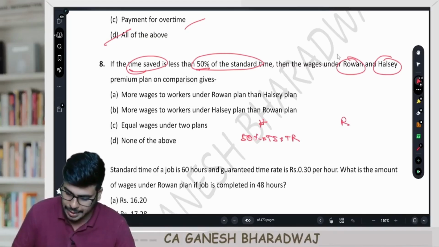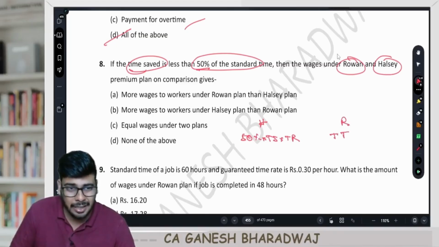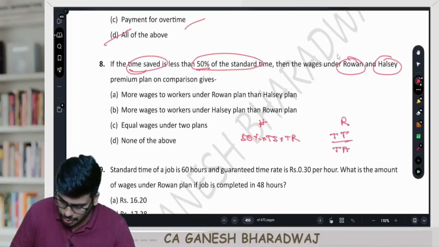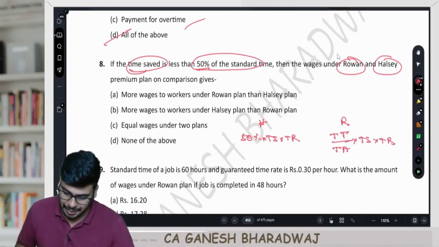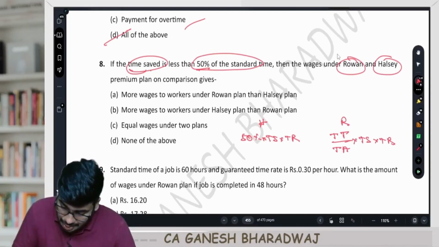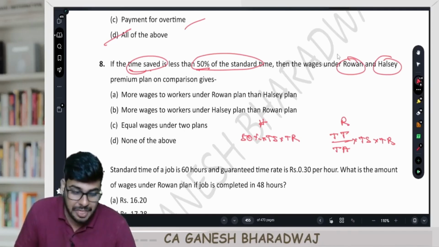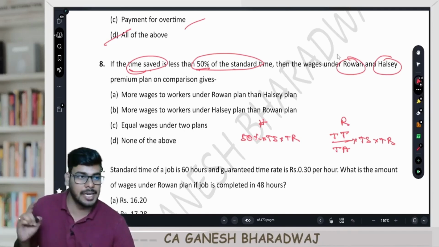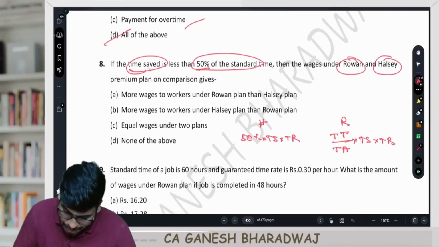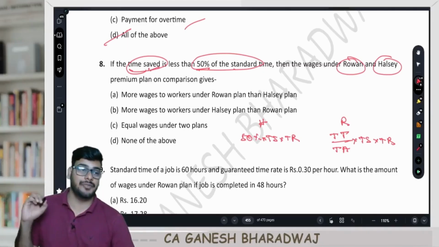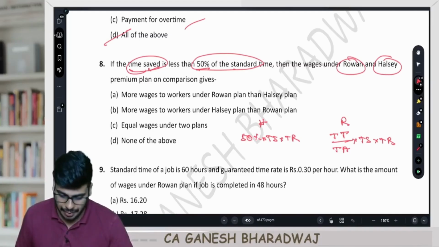What does Rowan say? Time taken by time allowed into time saved into time rate.